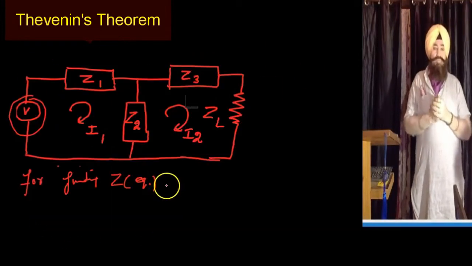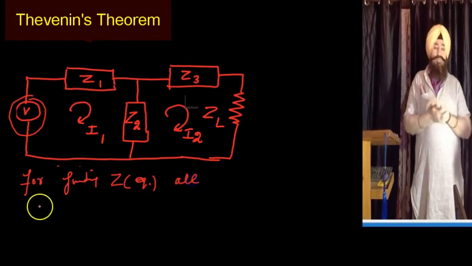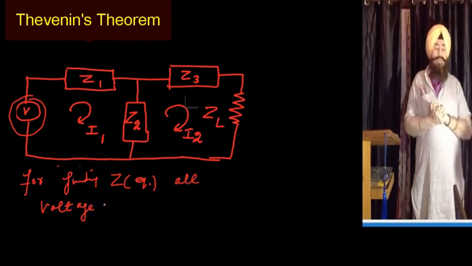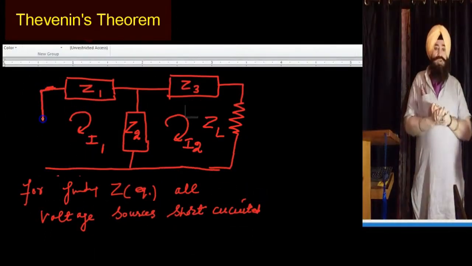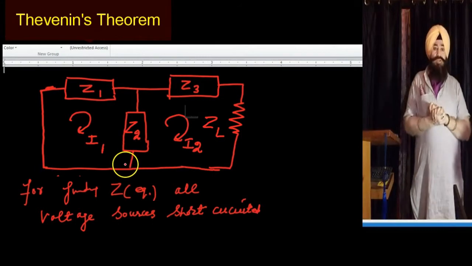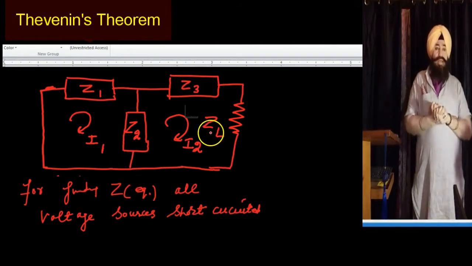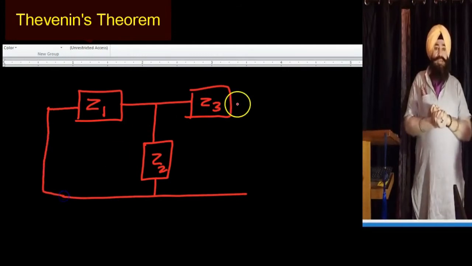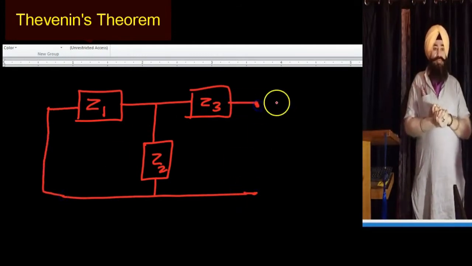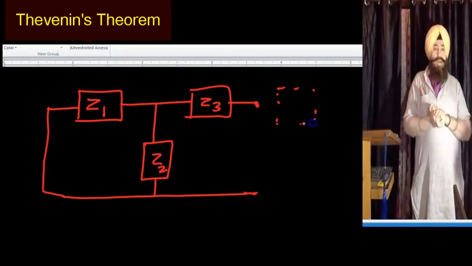Now again coming here, to find the Z, all the voltage sources are replaced by a short circuit. All voltages will be shorted. Okay, now we are going to short this. Connecting this line means shortening. So now there is no voltage source. Now we have to find between these 2 points what is the total impedance.